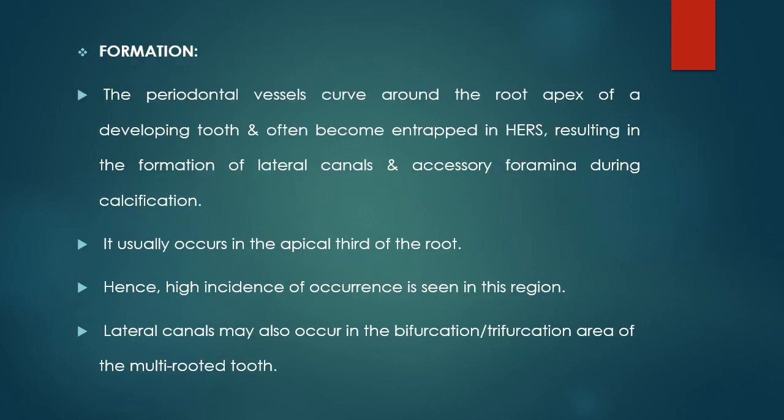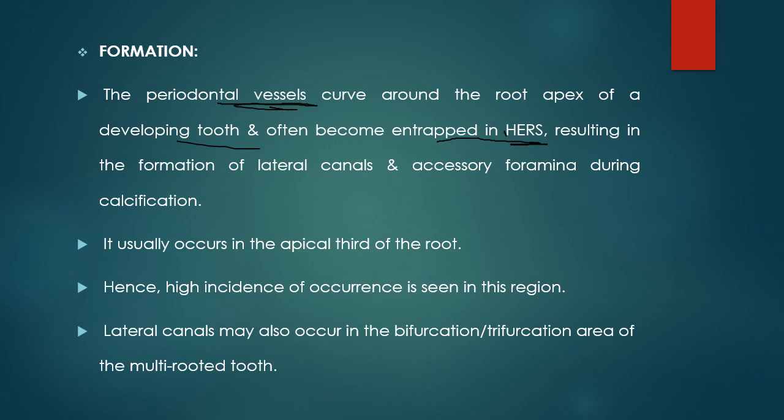Coming to its formation, how these lateral canals and accessory canals are formed. During the development of a tooth, some of the periodontal vessels are entrapped in the HERS. HERS is nothing but Hertwig's epithelial root sheath, which helps in the formation of the root.